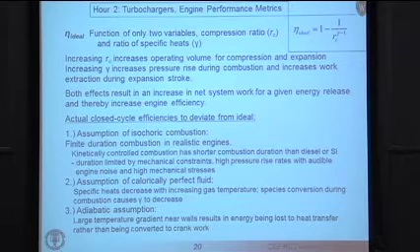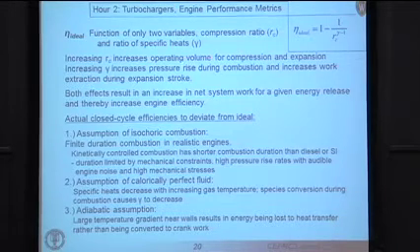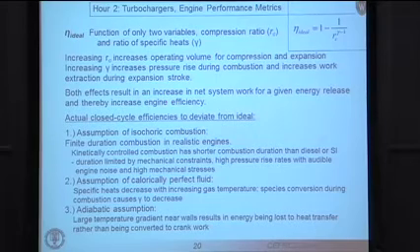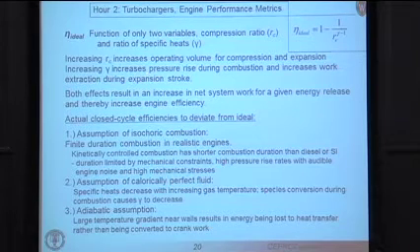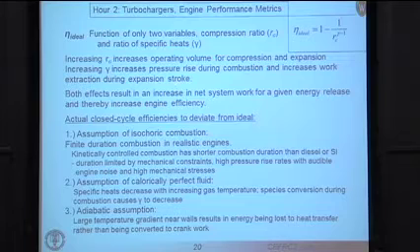If you increase the compression ratio, you increase the operating volume for compression and expansion, and that increases the efficiency. Increasing gamma increases the pressure rise during combustion and increases the work extraction in the expansion stroke. So that again increases the net efficiency.